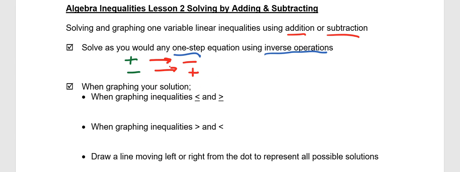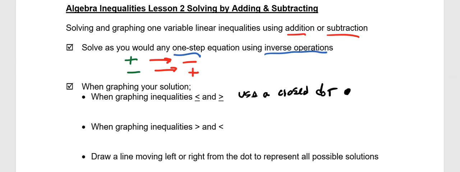Another quick thing for review is with regards to when we get around to graphing our solutions. When we have the inequalities that are less than or equal to, with the equal to bar underneath, or greater than or equal to, we will use a closed dot, like so.